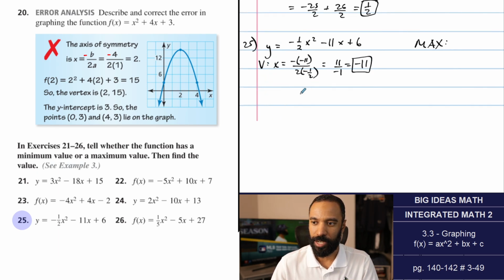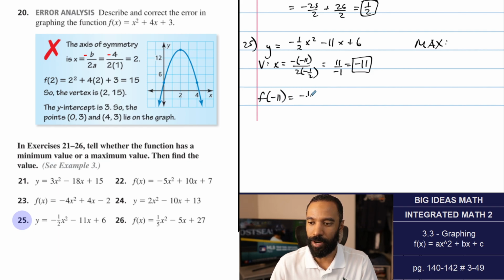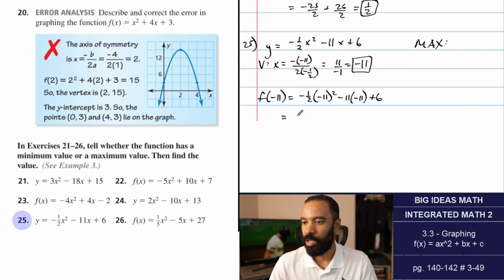That 1/2 freaked me out for a second, but we get that. We'll probably get a fraction here. So f of negative 11 will be negative 1/2 times negative 11 quantity squared minus 11 times negative 11 plus 6. So negative 1/2 times 121 plus 121 plus 6.